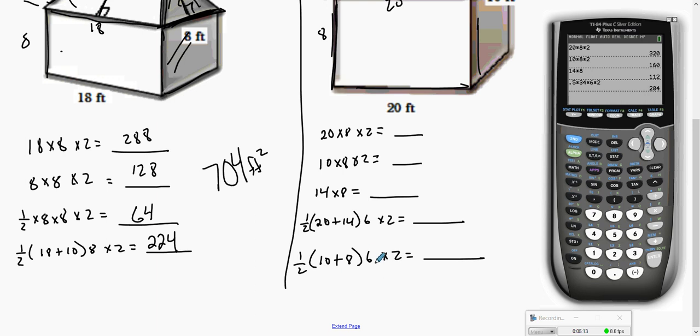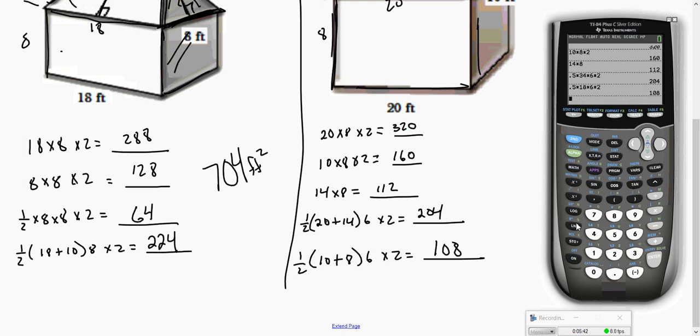And then this one here, so we had 320, we had 160, we had 112, we had 204. And then the last one here, 1/2, 10 plus 8 is 18, so 0.5 times 18 times 6 times 2, 108.